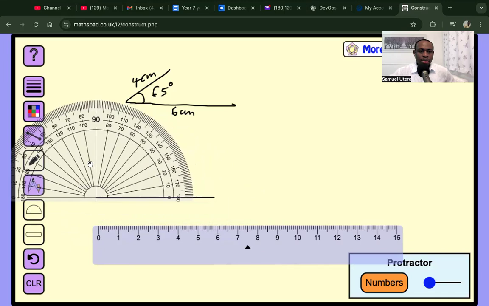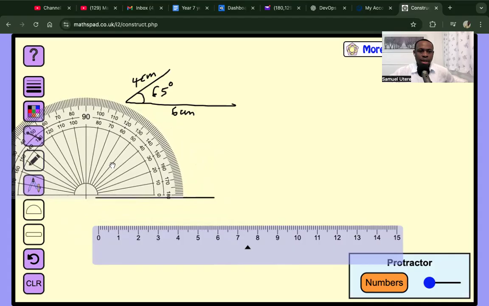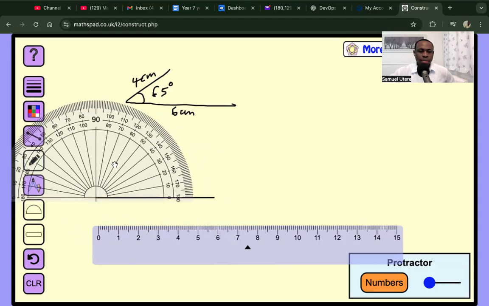Notice how the crosshair of my protractor is at the end of the line, and the inside scale of my protractor is lined up with the line segment. So I want 65 degrees, which is about here. I'll mark my 65 degrees here.